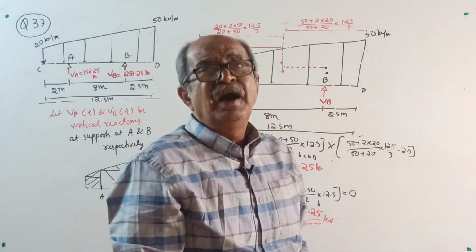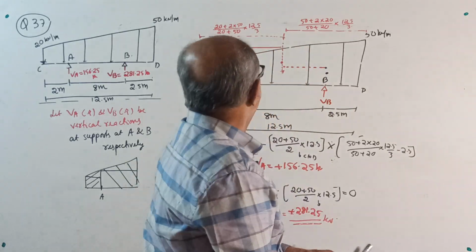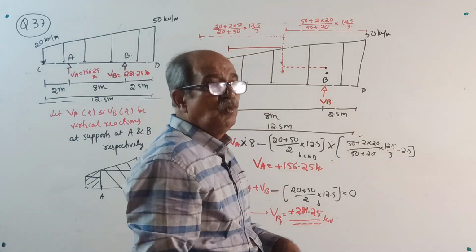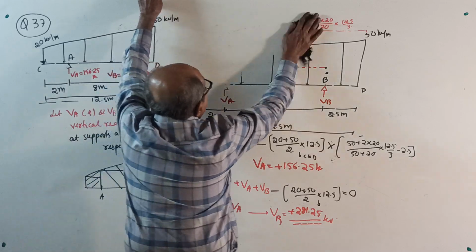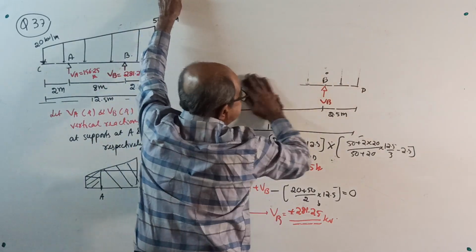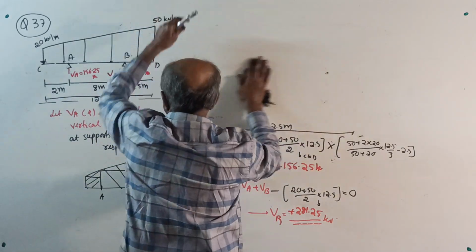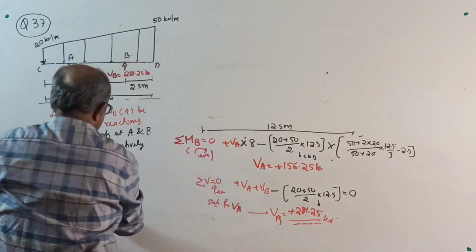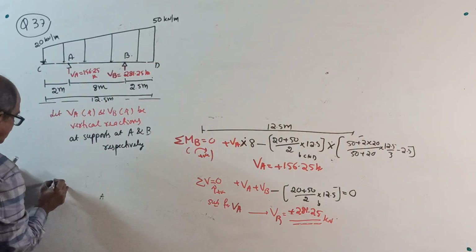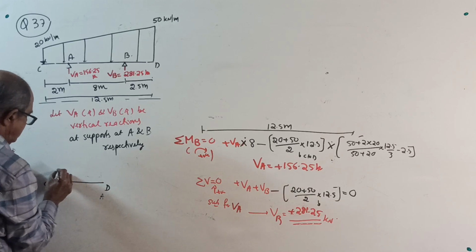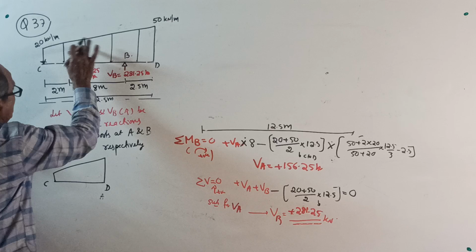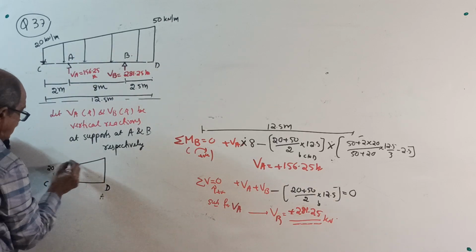Now, make a note. Maybe some are afraid of trapezium. These formulas, we are not well versed. Okay, no problem. In that case, see here, what you do is, make a note here. This is your original load, C to D. But don't split either side. 20 here, 50 here.